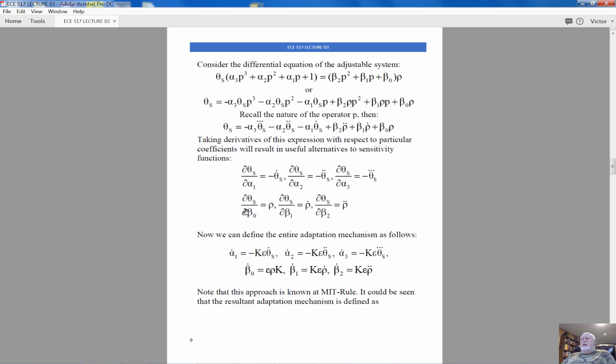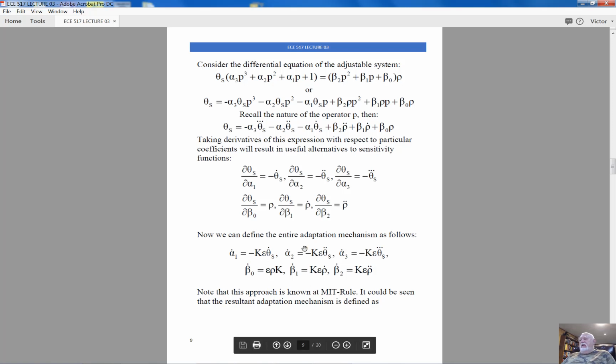The same story is about derivatives of theta s with respect to beta 0, beta 1, and beta 2. These derivatives are equal to the input signal raw, to the derivative of the input signal raw, and to the second derivative of the input signal raw.